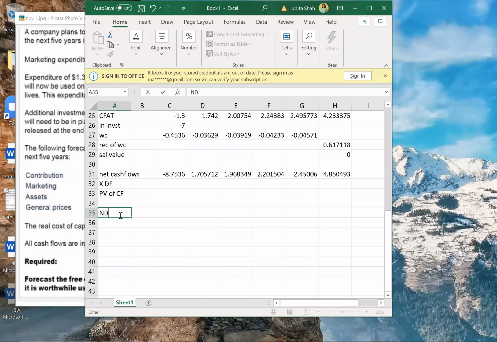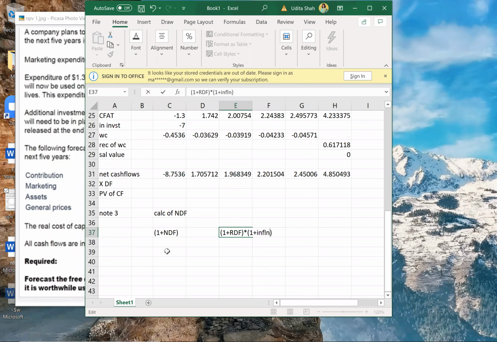So note 3, calculation of NDF. What is the formula? 1 plus NDF should be equal to 1 plus RDF into 1 plus inflation.